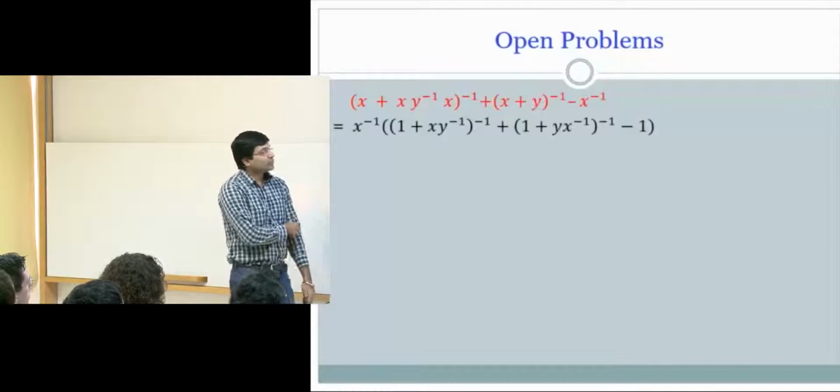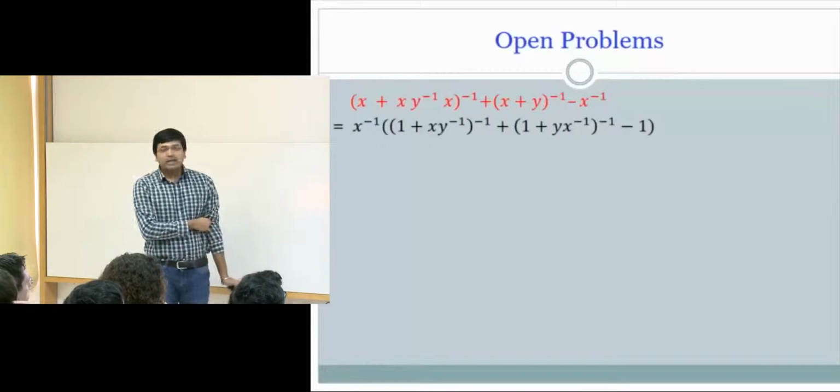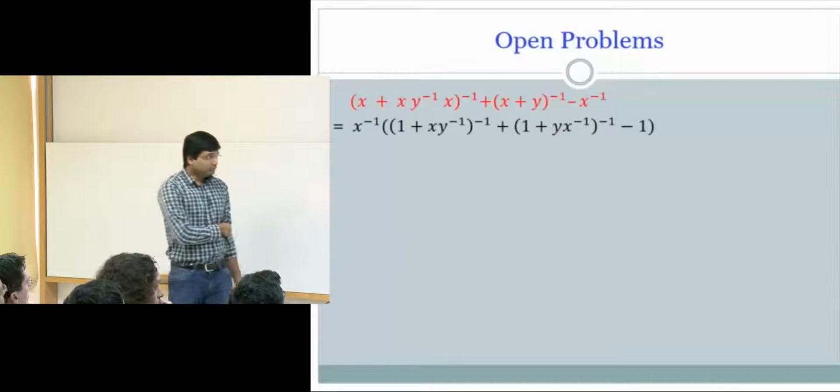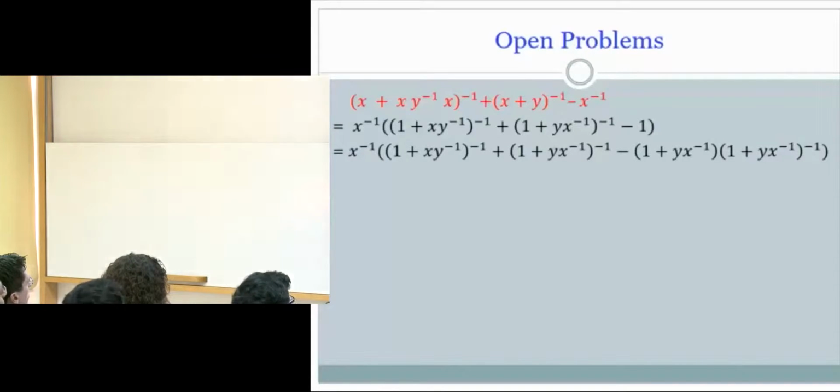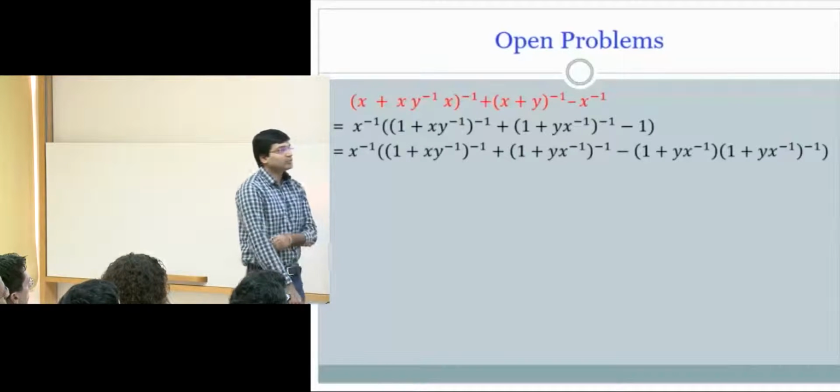So we have this expression. We take x inverse out. We get something, and now I replace this one by 1 plus yx inverse times (1 plus yx inverse) whole inverse.